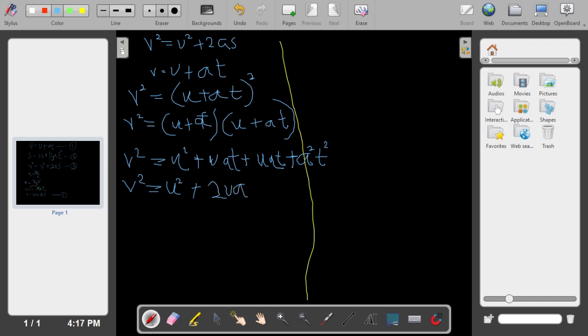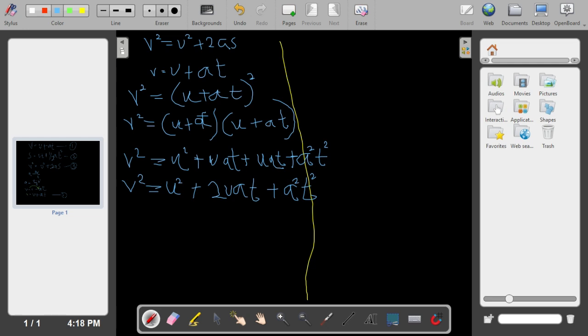So if you have 2uat, then the next one is what? Plus a squared t squared.